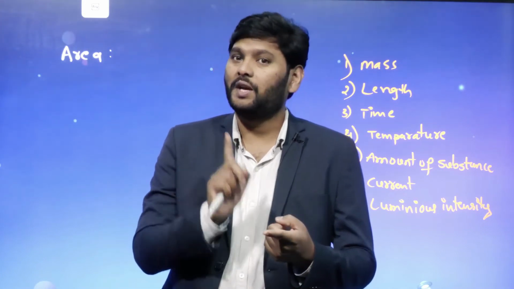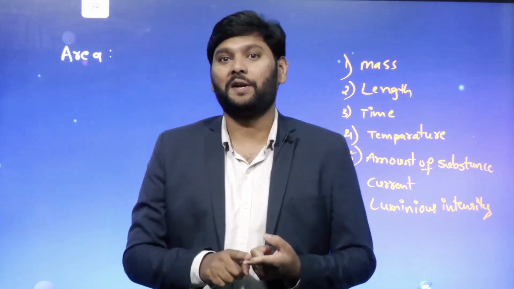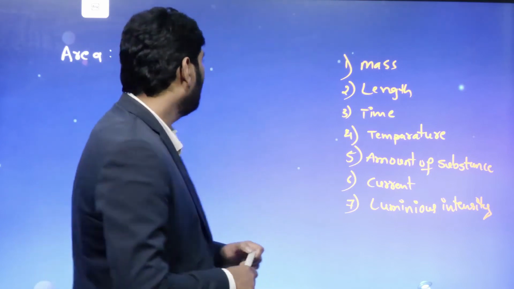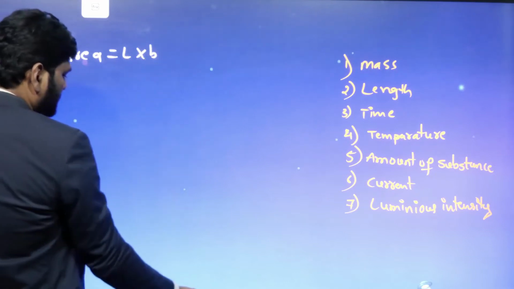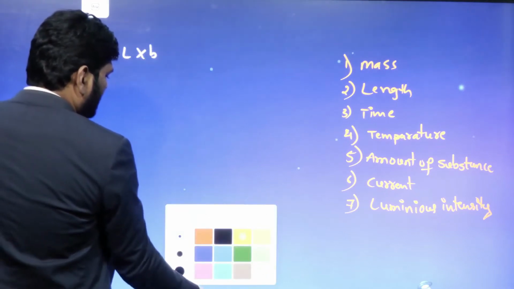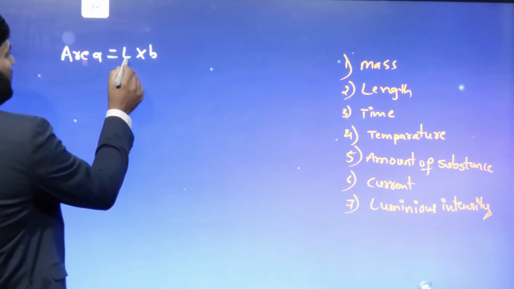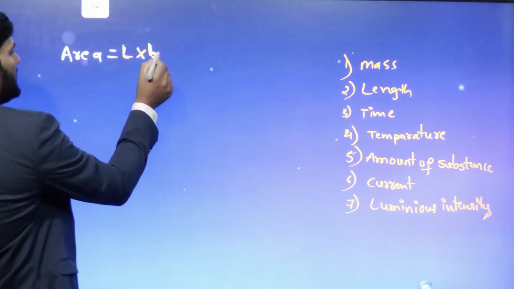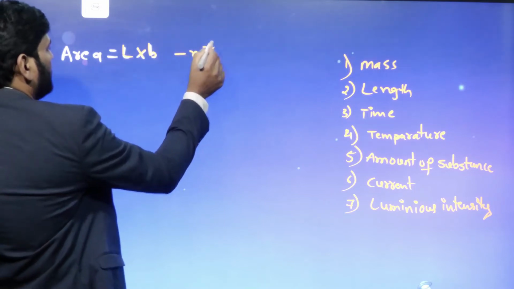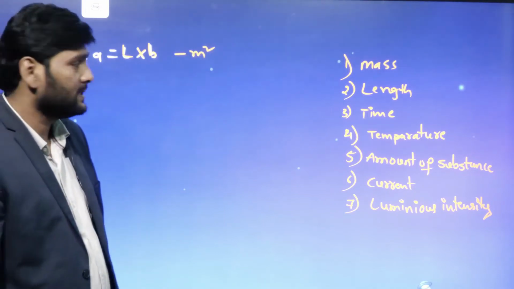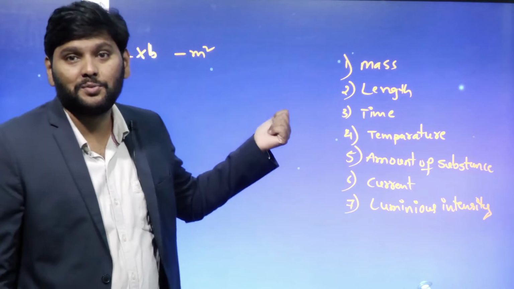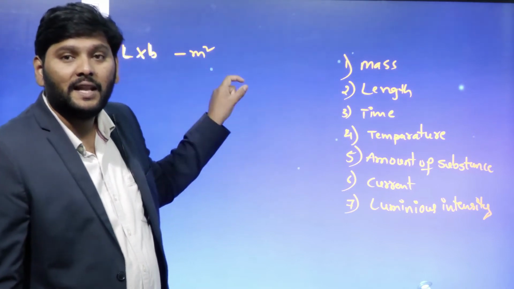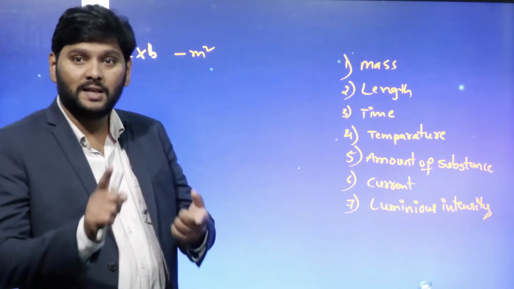A derived quantity means you can get it from fundamental quantities. The involved fundamental quantities are length into breadth. So the area formula is length into breadth, and the units are meter square, because length has units of meter and breadth also has units of meter. Combined, the area units become meter square. It is an SI unit.